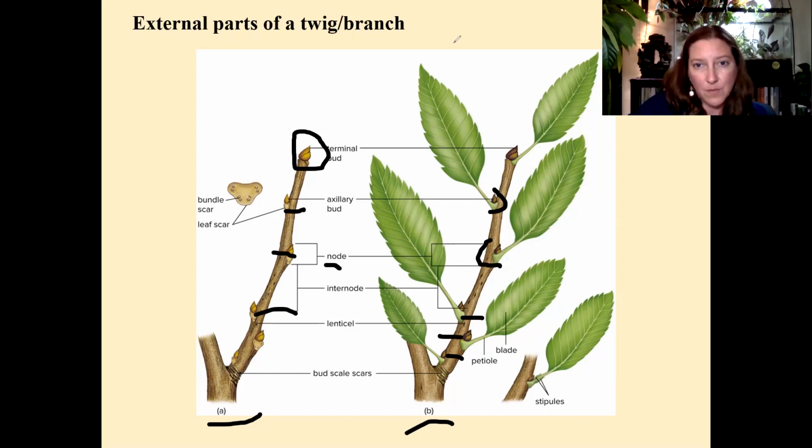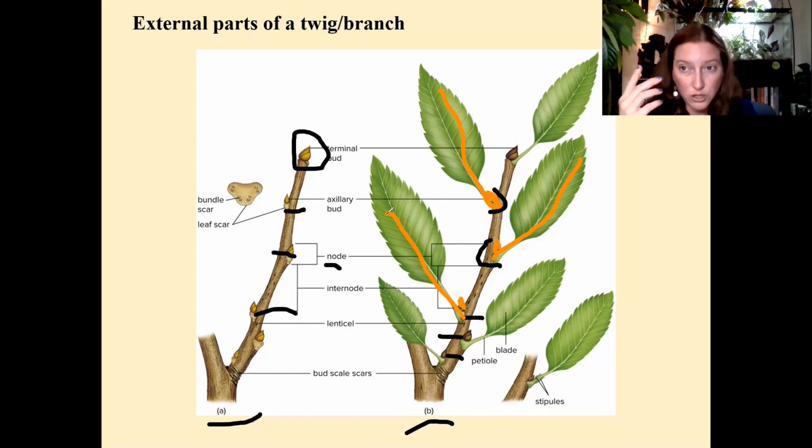For example, here at the node, we see axillary buds. Look, there's an axillary bud right there. At the node, we also see leaves. So there's an axillary bud right there, and there's a leaf. Here's an axillary bud right here, and there's a leaf.